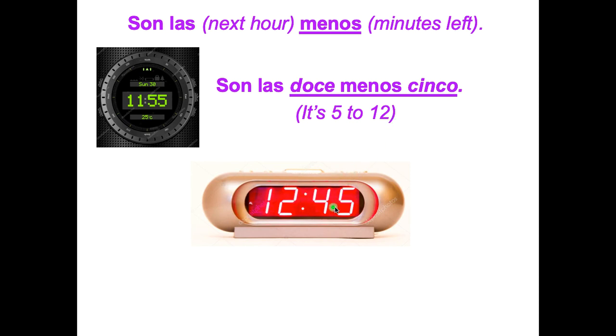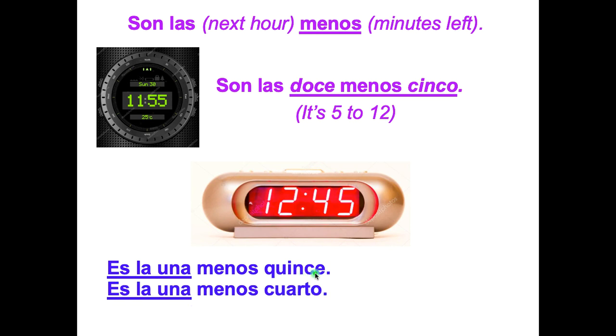So here it's 12:45. So then that means it's 15 minutes for it to be 1 o'clock. Okay, there are 15 minutes left for it to be 1. So in English, people might say it's a quarter to 1. So in Español, remember when we say the 1, we say "es la 1 menos 15" or "es la 1 menos cuarto."